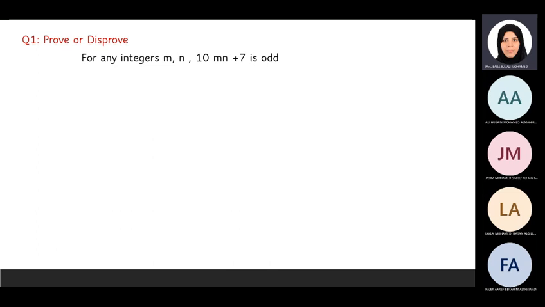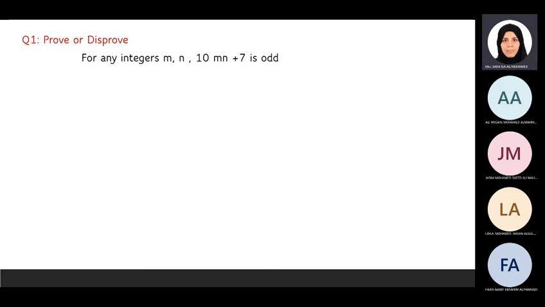Just give me numbers, integers. Here in our case, the domain is integers. Just give me 2 integers, m and n, such that when I substitute in 10mn plus 7, I get an even number. It means the statement is invalid.